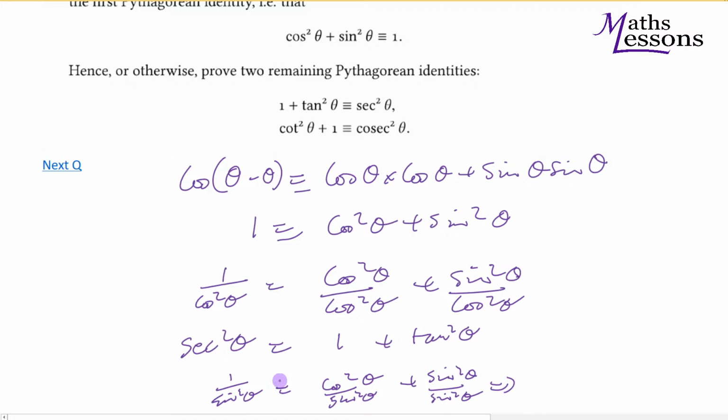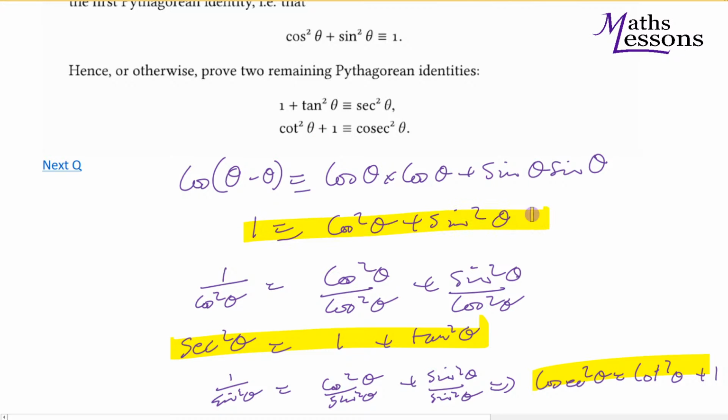So that implies cosec squared theta is equal to cot squared theta plus 1. This is cos over sine, which is 1 over tan, which is cot squared. So we get our 3 Pythagorean identities, which you need to know.